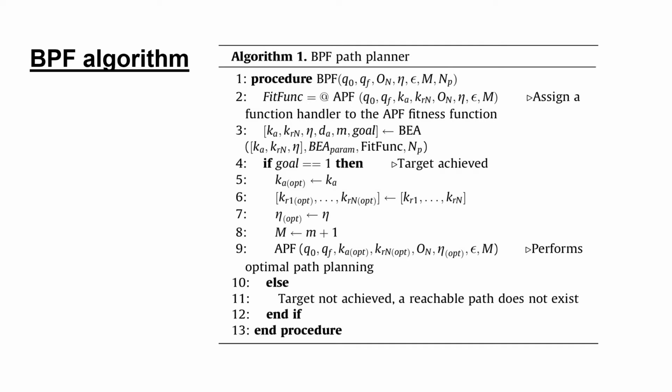Here you can see various variables var1 until varn. The fit value for the optimal is equal to BEA of the various variables, the BEA parameters, the fitness function, and NP.